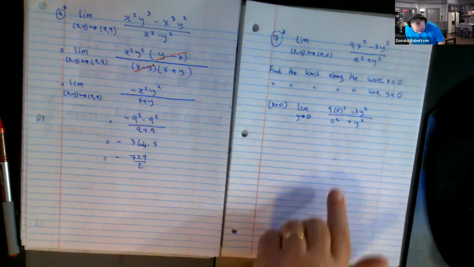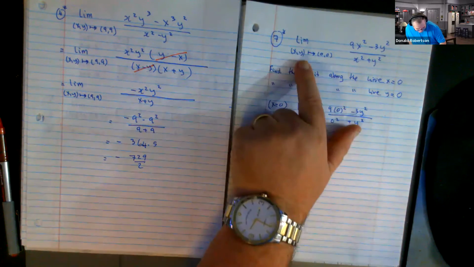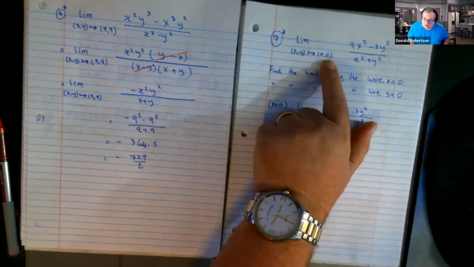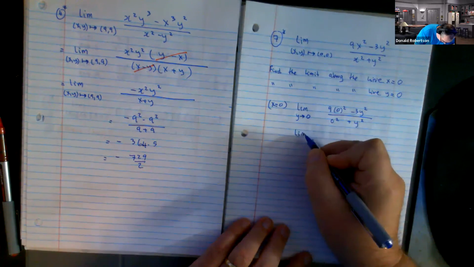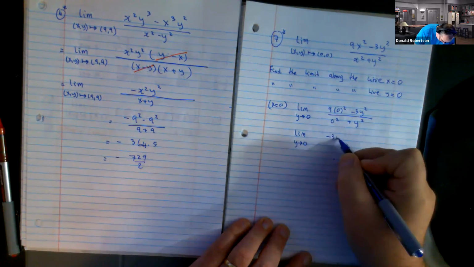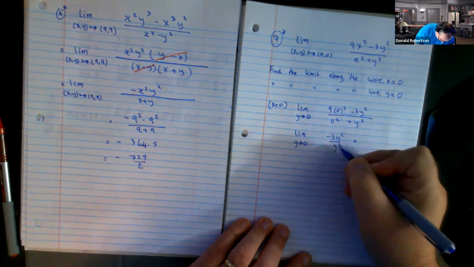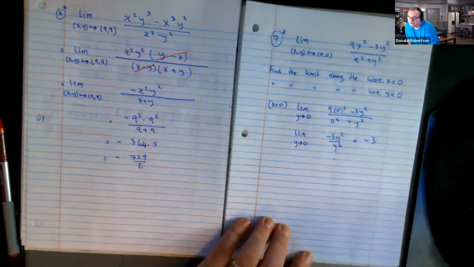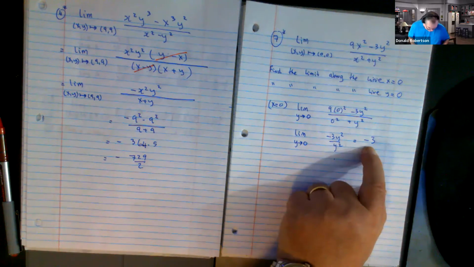Now, do you notice that the x's are being replaced by zeros and removed from here? If I tidy this up, it becomes the limit as y tends to 0 of negative 3y squared over y squared. Wouldn't the y's cancel here and the answer comes out as negative 3? So if I travel along the line x equals 0, the limit is the number negative 3.